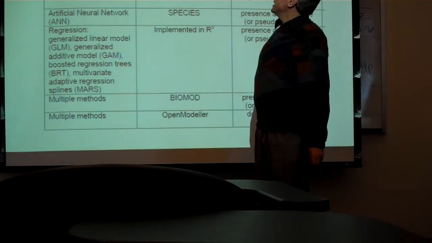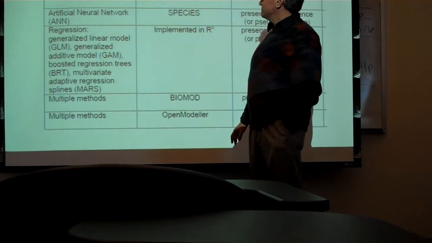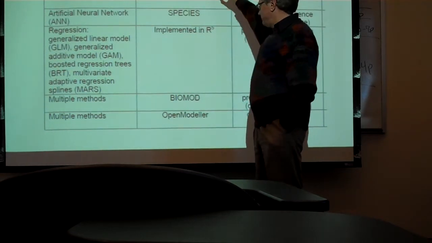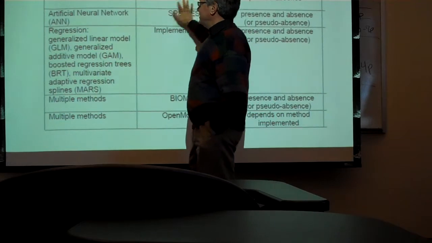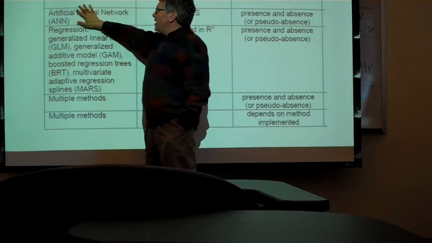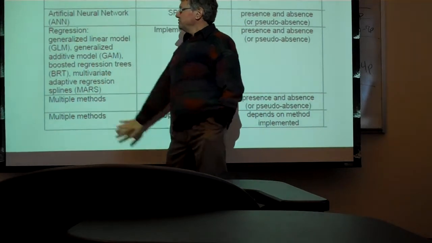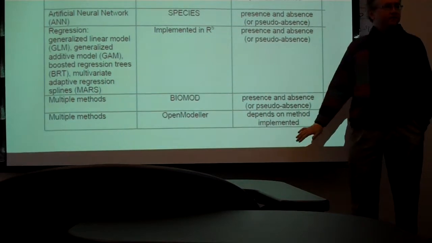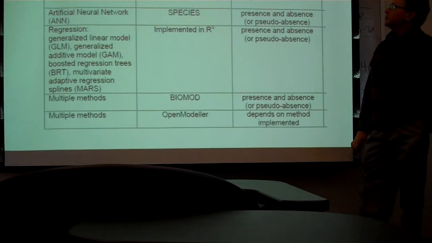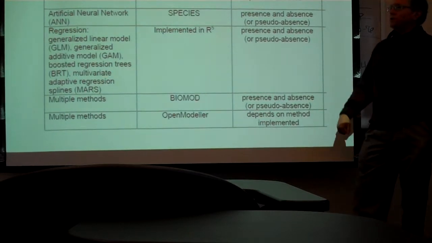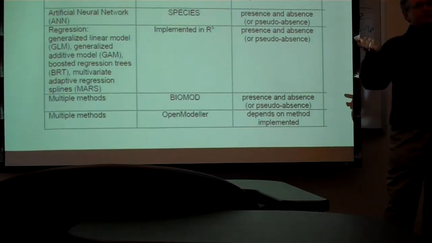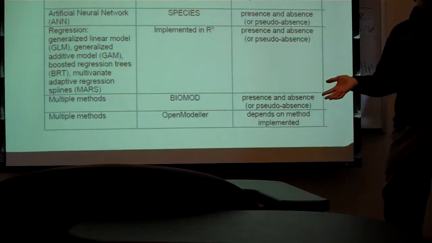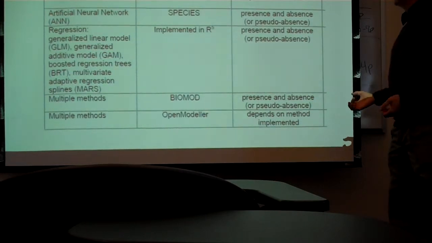The main thing to focus on here is that behind all of these funny names, there's a bunch of different analytical approaches being used, and there are some differences in the kind of data that are used. Okay? There are some that only require the locations where the species was seen.